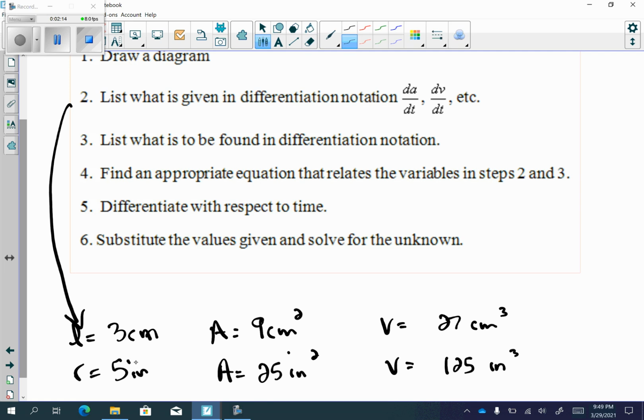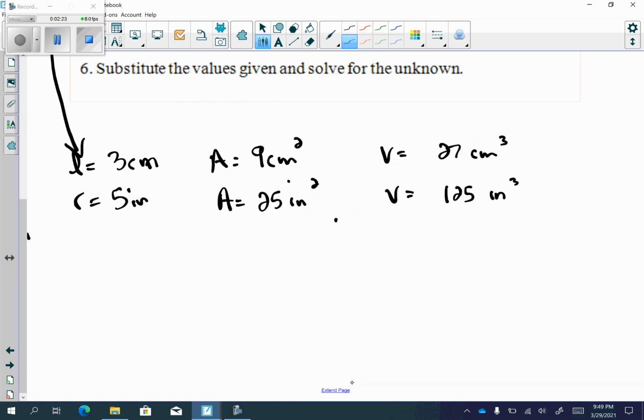Now, what you'll notice in today's lesson is that you'll see things like the following. It might say something like 9 centimeters squared per second. Well, that's not an area, because it's centimeters squared, but there's a unit of time after.